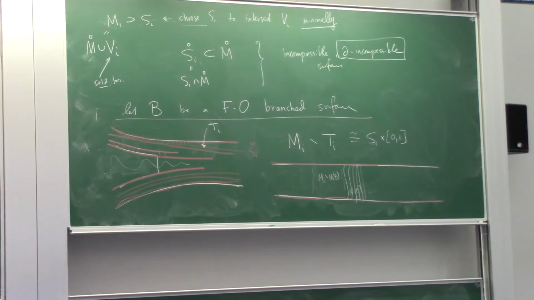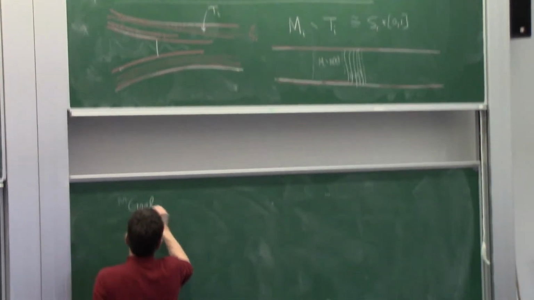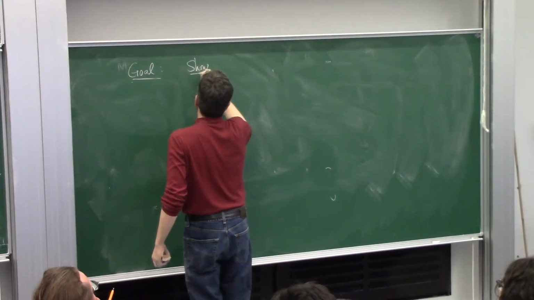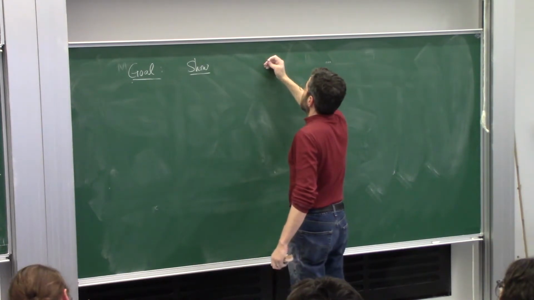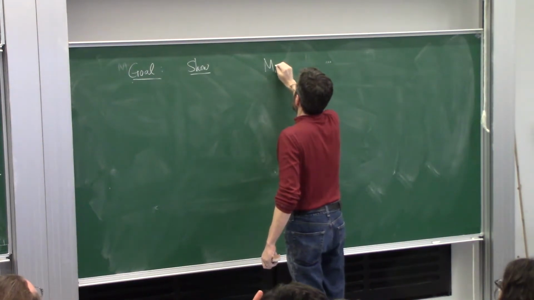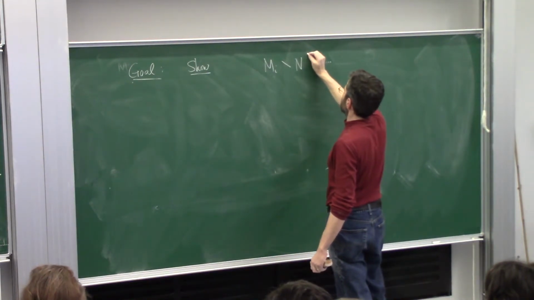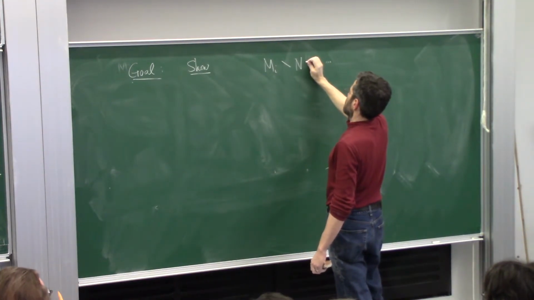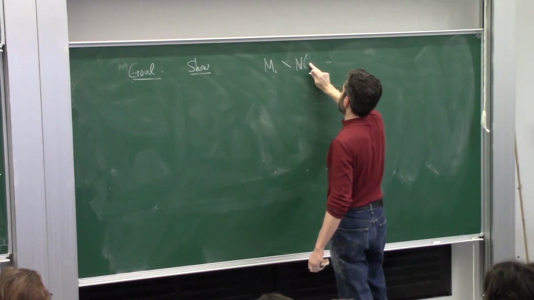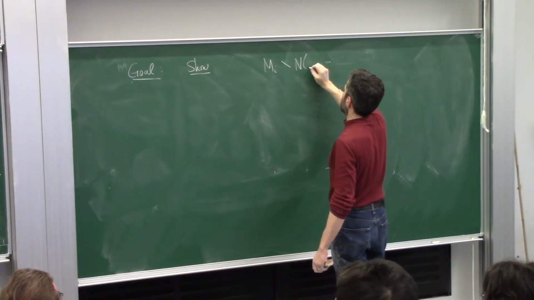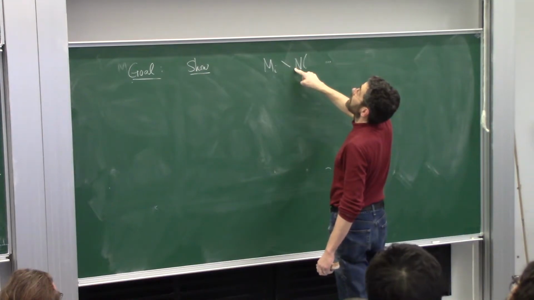The goal is to show that if you look at M_i minus the regular neighborhood, I guess what I'm removing, I didn't say what to do about the solid tori.